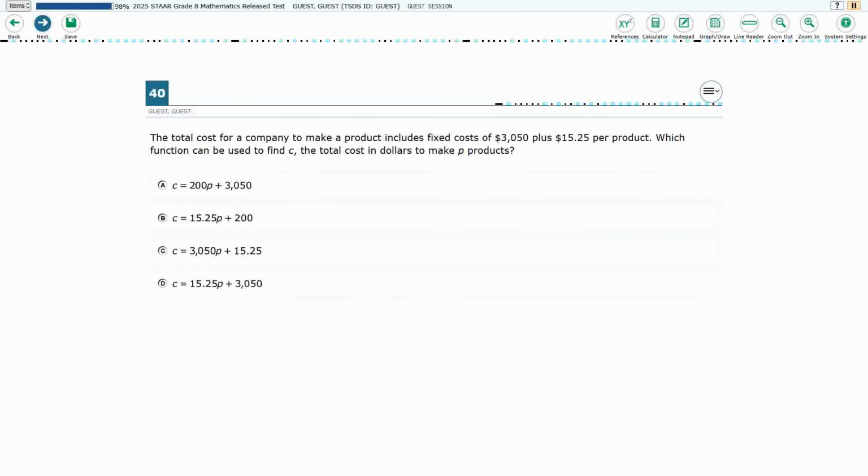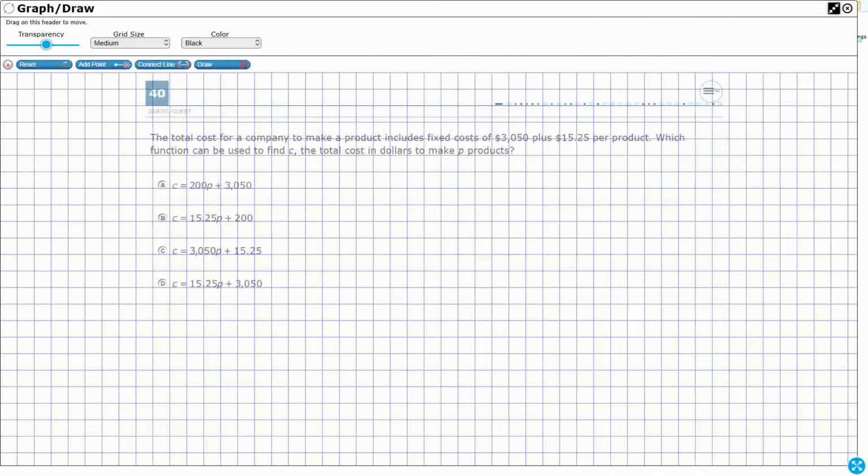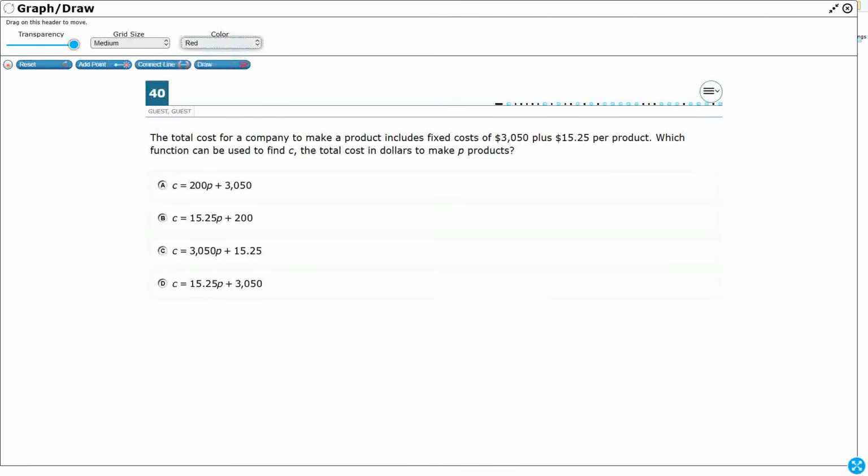And our final problem on the test is number 40, 8.5i, modeling slope-intercept form. And so we have this verbal description, and we need to turn it into this slope-intercept form here. So we're taking words and trying to put them into y equals mx plus b. If we recognize all of these answers as y equals mx plus b, then let's define these terms.